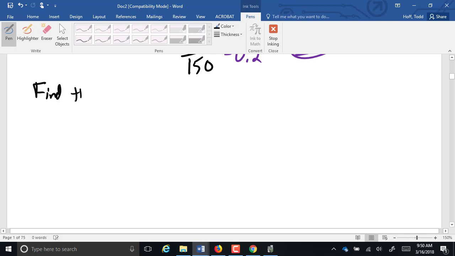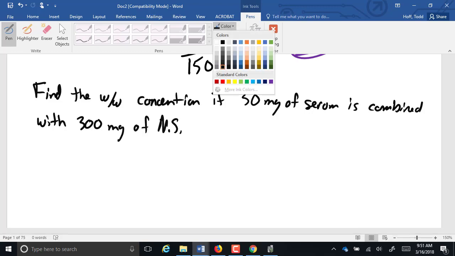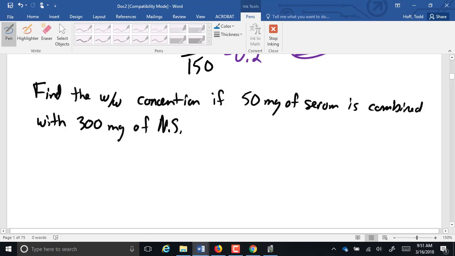Let's say I ask you to find the weight and weight concentration if 50 milligrams of serum is combined with 300 milligrams of saline. Well, remember our concentration always goes off of serum over total.